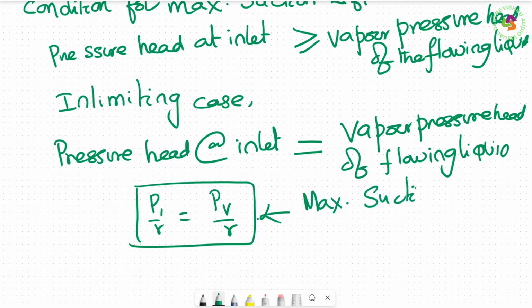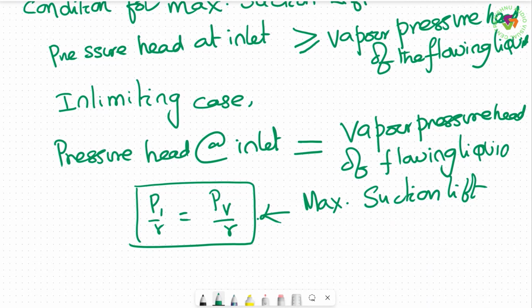What I have shown till now is, first, that the pressure at the inlet of the pump is equal to atmospheric pressure head minus something. That is why it is less than atmospheric pressure. It is vacuum pressure. Now, what is the limiting point to it?